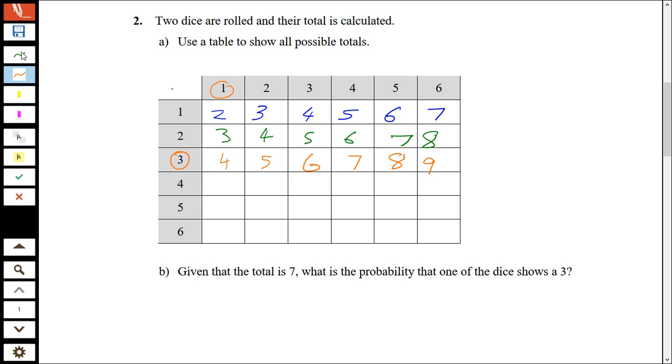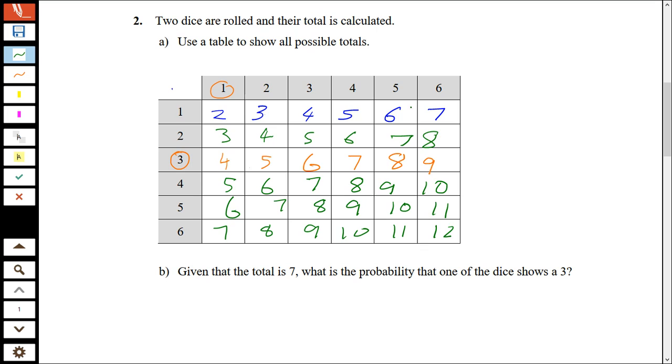Let's go back here. You're going to have 5 there, 6, 7, 8, 9, 10, and then 6, 7, 8, 9, 10, 11, and then 7, 8, 9, 10, 11, 12.